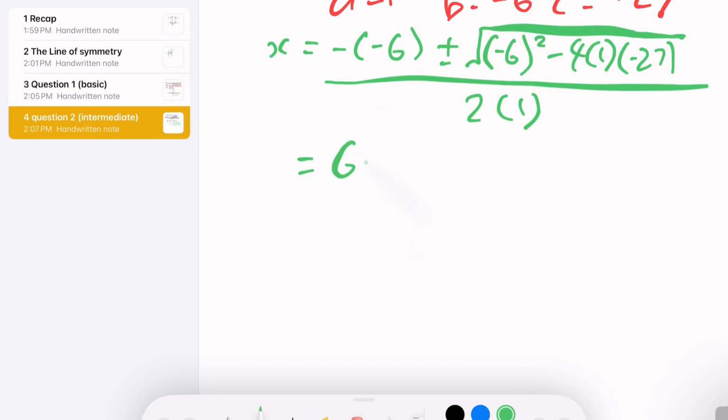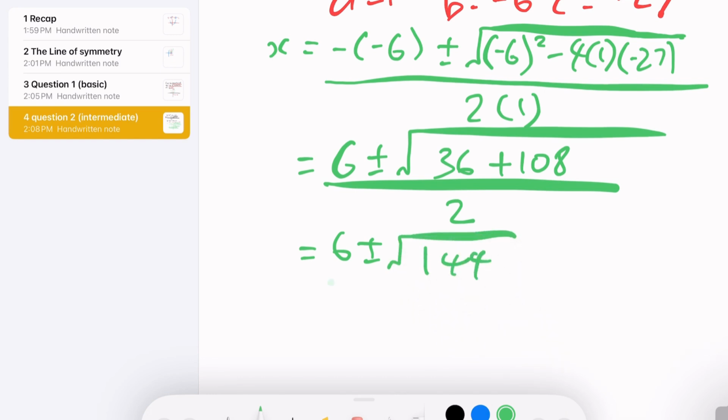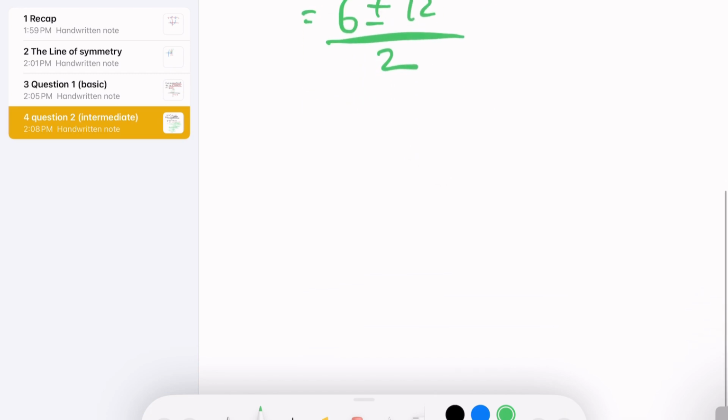This gives us two different values of x, where x1 uses the plus in the plus minus sign.